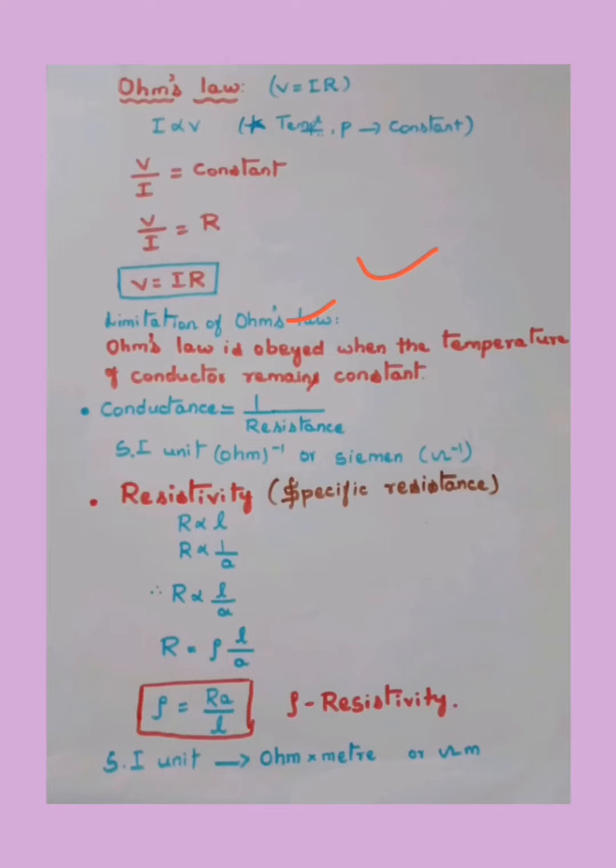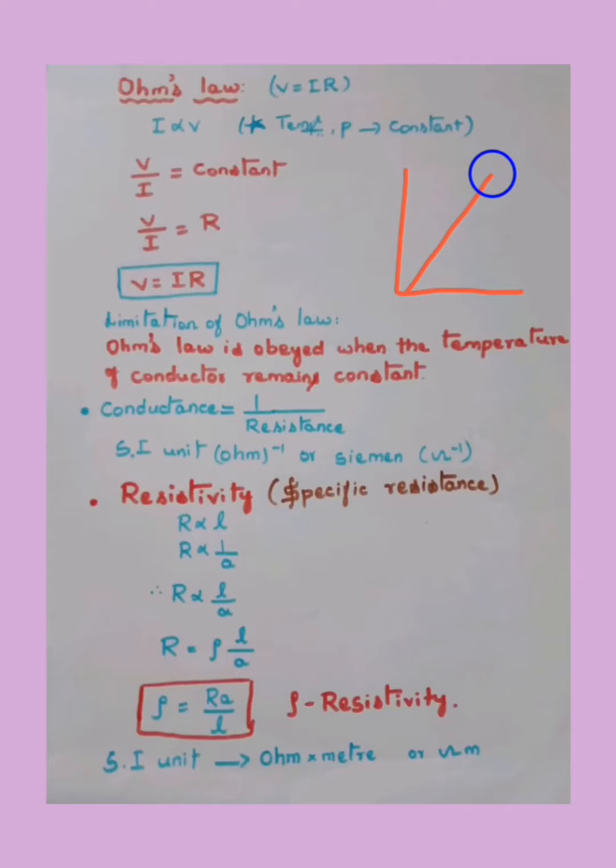Non-ohmic resistors include solar cell, LED, junction diodes, sometimes the transistors, and of course, the filament of the bulb. All these are non-ohmic resistors. Even though they have not mentioned those in this topic, you just have a glance at those ohmic and non-ohmic resistors. And speaking about the graph obtained for ohmic and non-ohmic resistors, if we draw the IV graph for a metallic conductor, it will be a straight line.